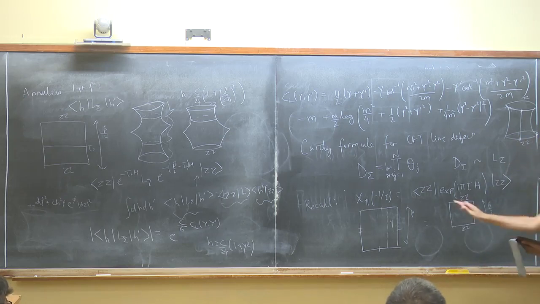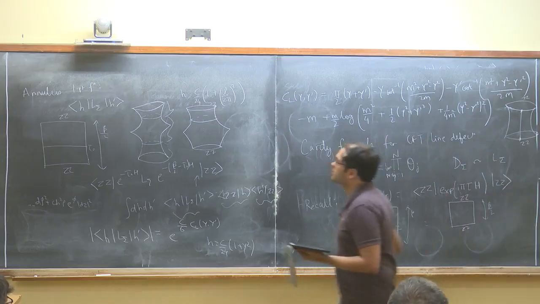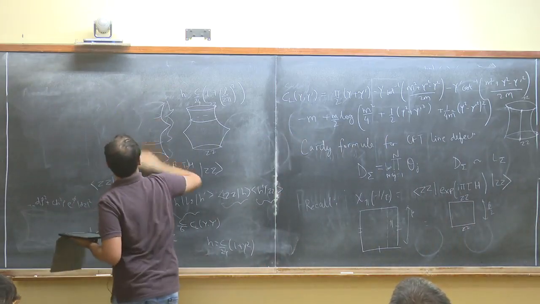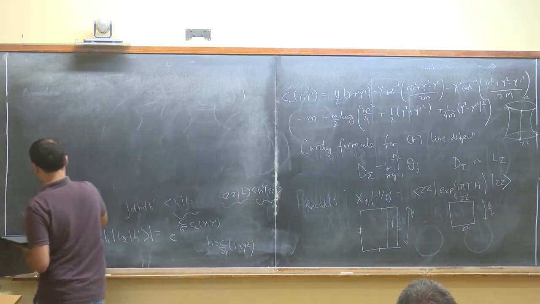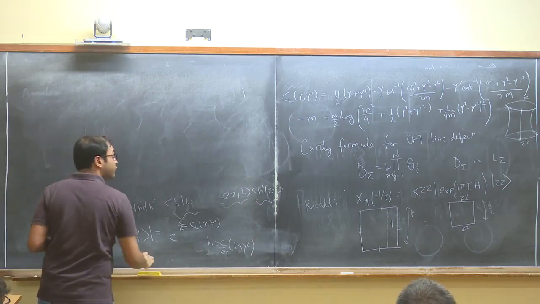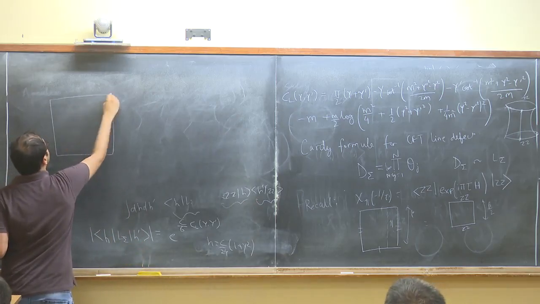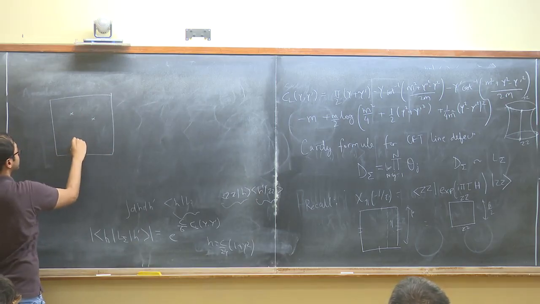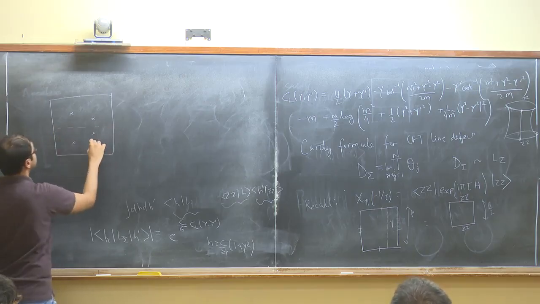Okay. So this is when there are no external operator insertions. But this is also true when you have external operator insertions. For instance, let's say we compute the 2-point function. In the CFT, what I'm doing is computing the sphere 4-point function between pairs of identical operators.